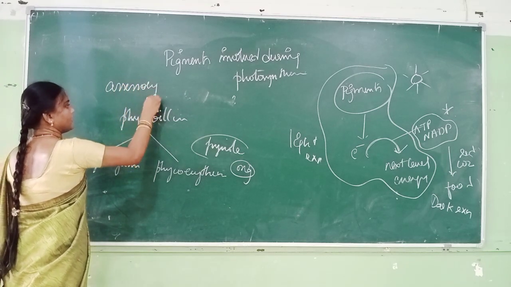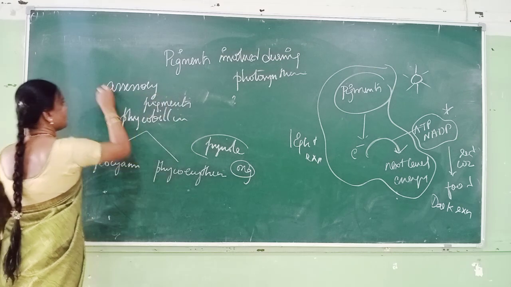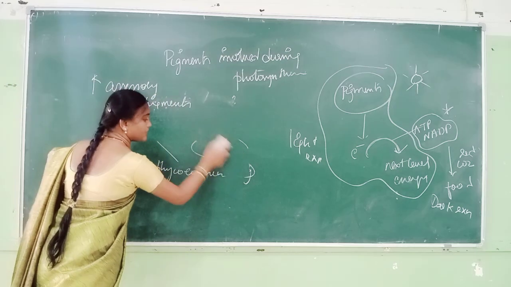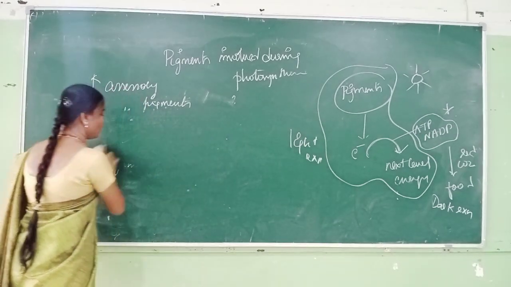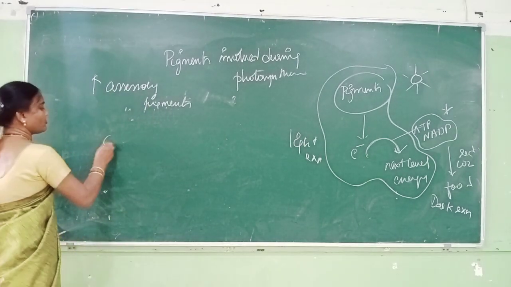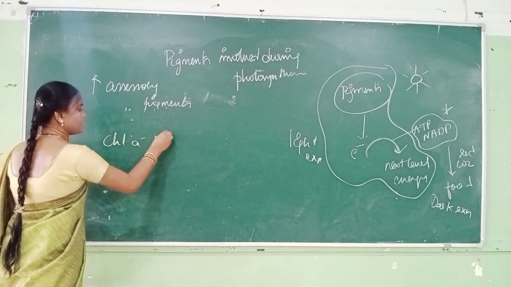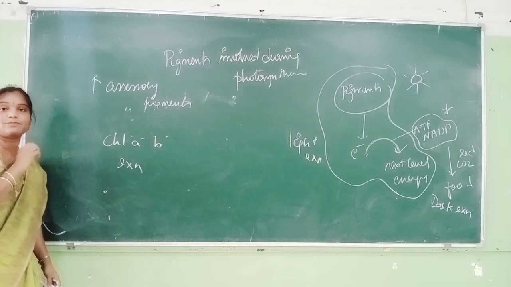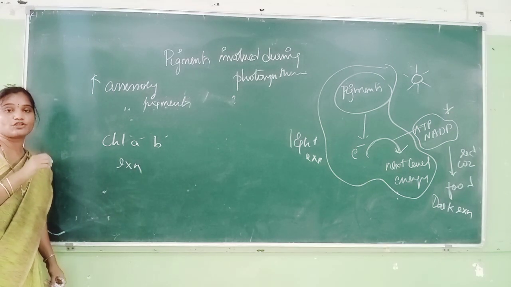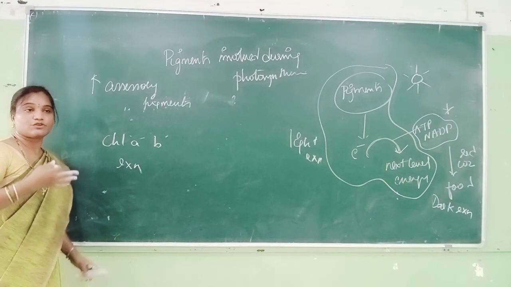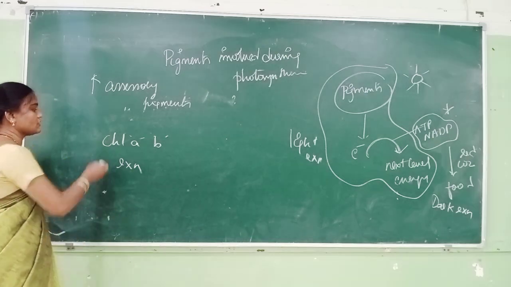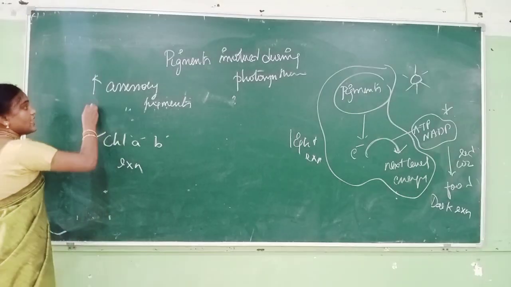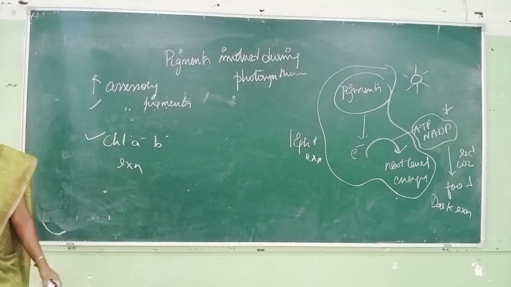They increase the process of photosynthesis only by activating chlorophyll A and B. These are the important pigments required for your photosynthesis to produce food for your plants, and the remaining are accessory pigments.